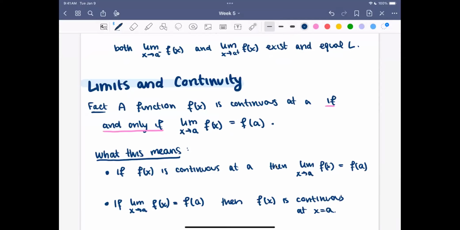Because we got 6, but f of a was equal to 8. And so that tells us that the function was not continuous at that value. Is this making sense? How these two things are connected? Other questions?